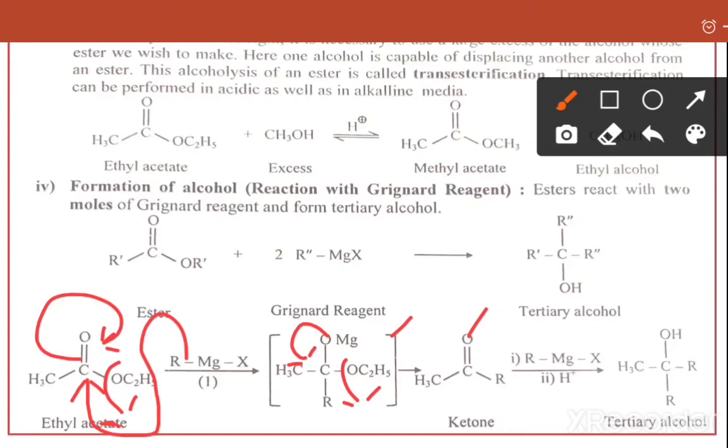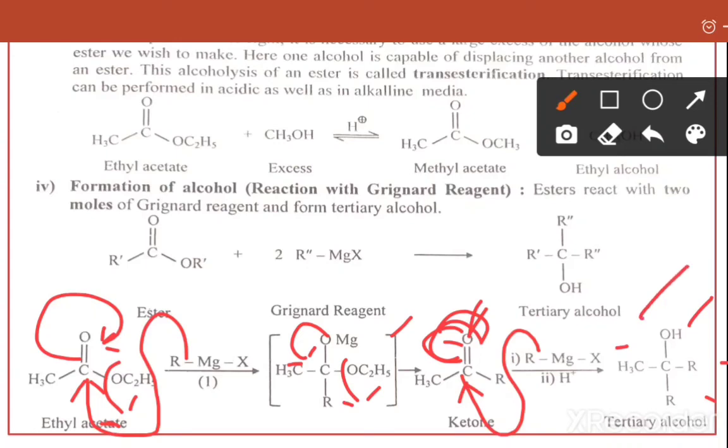Then again we use the second mole of Grignard reagent. It attacks the carbonyl carbon, and at that time it becomes OH, with CH3 and R, R, that means we get a tertiary alcohol.